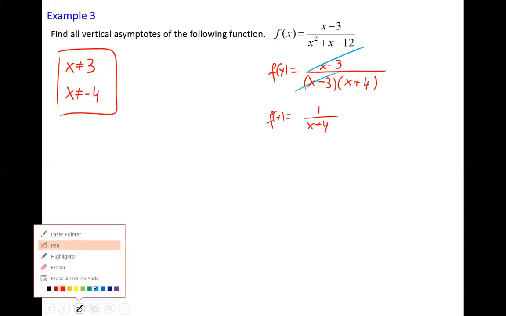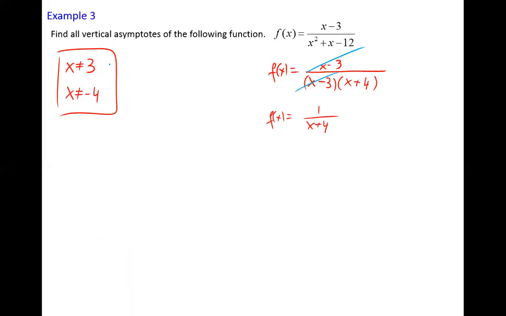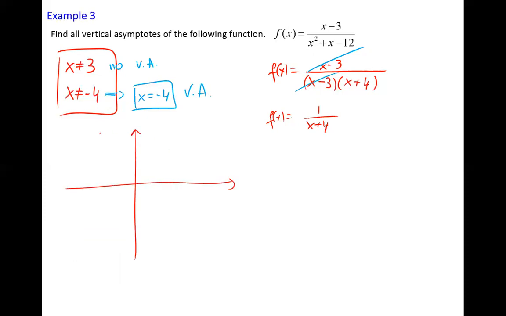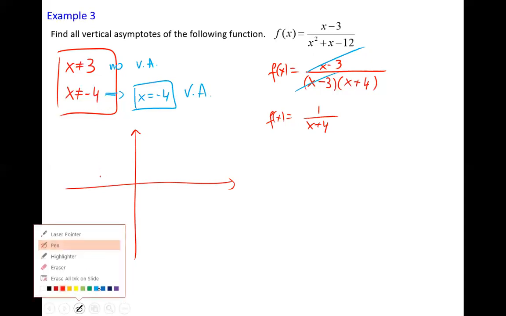That means since I reduced, there will be no vertical asymptote at this point, but this will be a vertical asymptote. That means we do have a vertical asymptote at negative 4. This is a vertical asymptote. And we can also draw a function. I can draw actually invisible line.